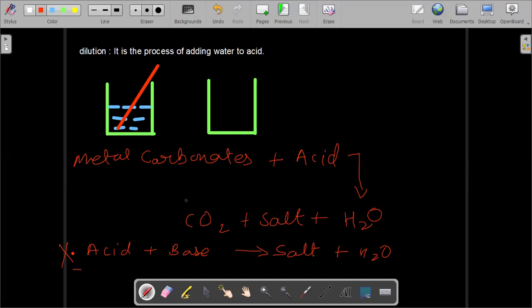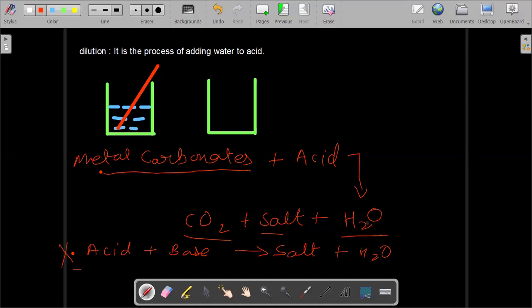So which one should we use? Metal carbonates. They are not going to cause harm or corrode. Secondly, they also perform the neutralization reaction, liberating carbon dioxide and water.